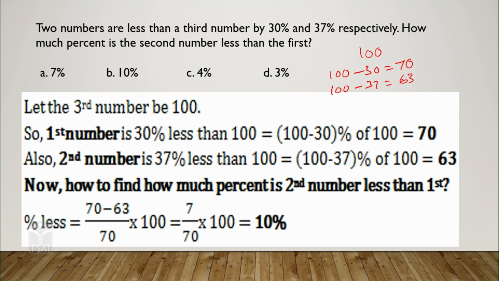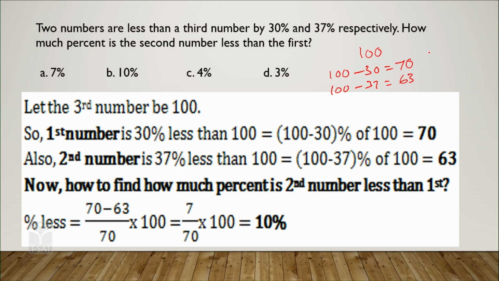Means if we assume the third number is 100, then the first number is 70, second number is 63. Is it clear? Then you have to find the relation between first and second. What is the question? How much percentage is the second number less than the first number?